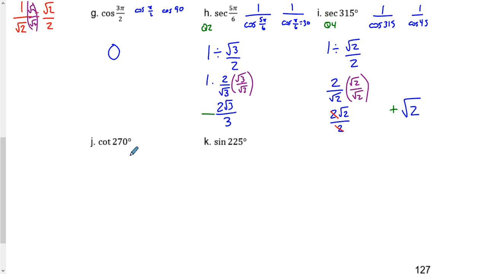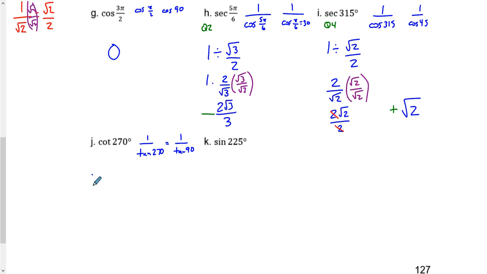Cotangent of 270. 270 means 90. So cotangent, being the reciprocal of tangent, means it's 1 over the tangent of 90. But the tangent of 90 is undefined.